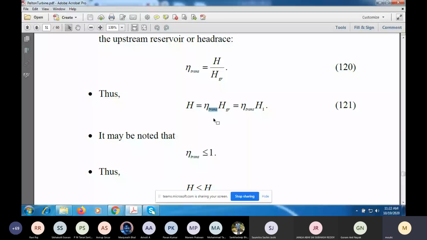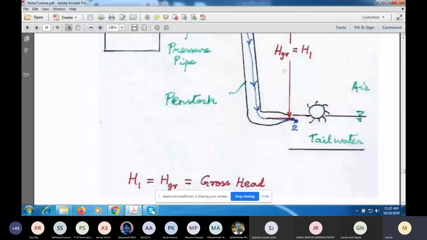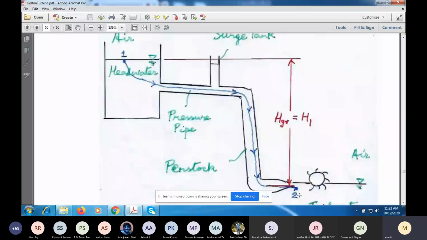And this H gross you can find by looking either at the figure or the value might be given to you. So that is from the geometry of the system. So look at the center line of the nozzle. Think of this as one horizontal level, and we are calling it, say, y equal to y2 or z equal to z2, whatever it is. And z equal to z1 or y equal to y1 here is the level of water in the upstream reservoir. So this level difference is the gross head.